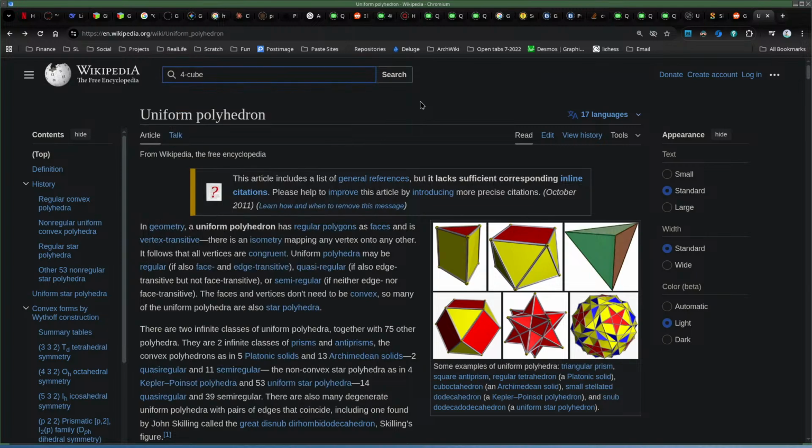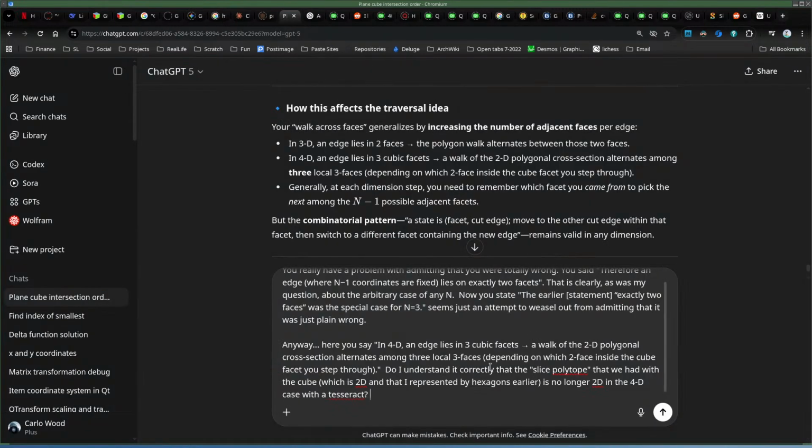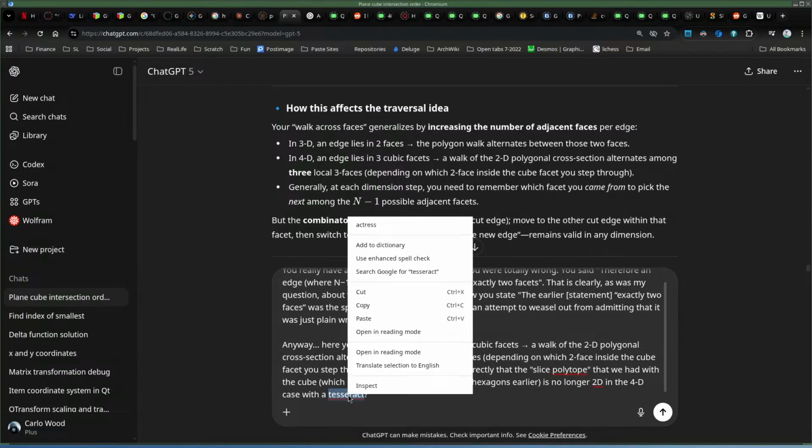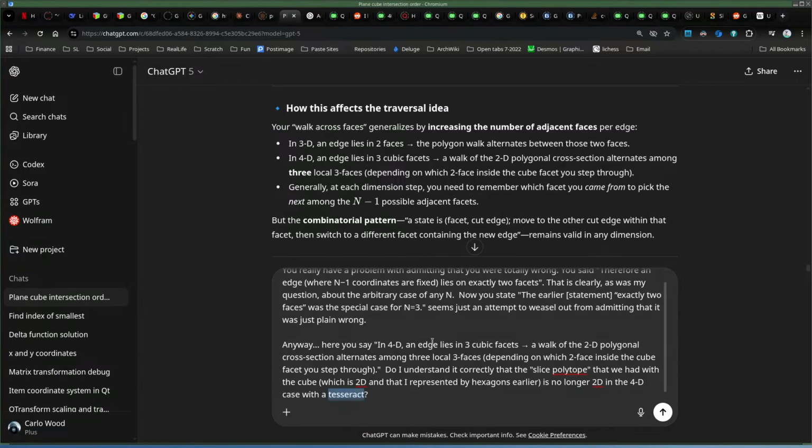Tesseract. Tesseract. I wrote it correctly. Add to dictionary. Polytope is also written correctly.